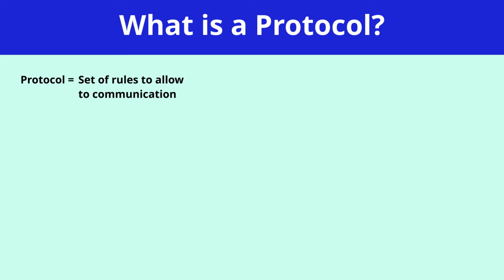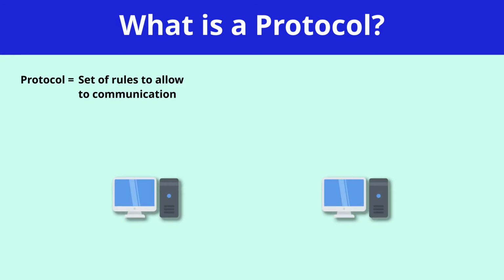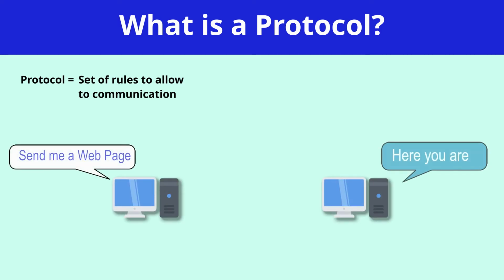Now, in computing, we use protocols between devices to ensure that the signals that we send and receive are what we expect and what the other party is expecting as well. We use protocols to make sure that the other devices understand what it is we're trying to send and receive.